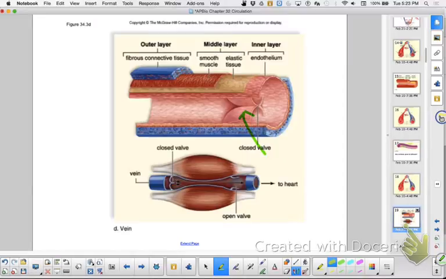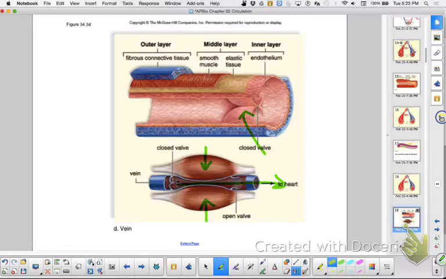So as the muscle is contracting right here, the blood can only move in one direction. Your breathing motions also help facilitate that process, and we'll talk more about that later. So the importance of valves is that they keep blood going in the same direction.